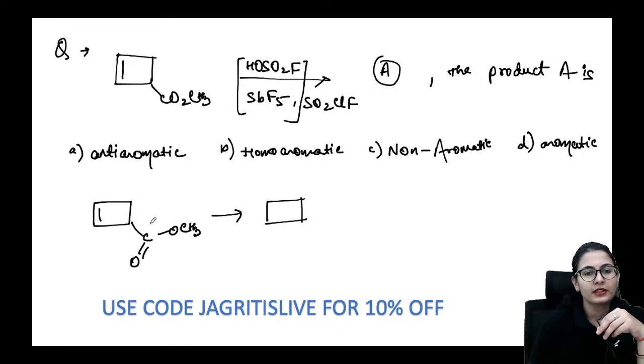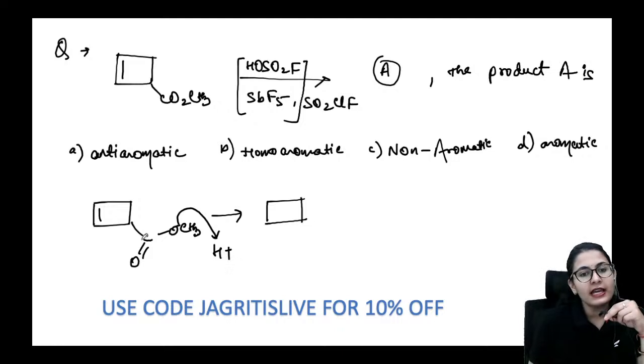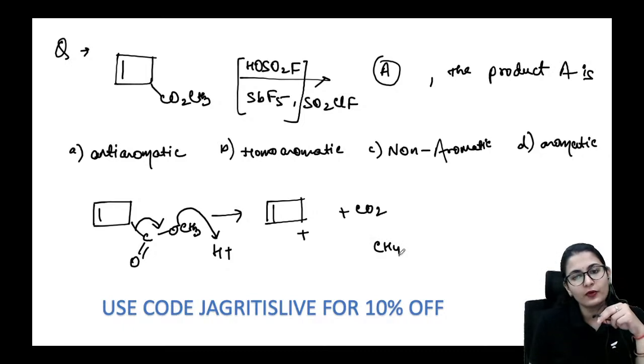hydrolyze this whole system and it is going to, ये देखो, अगर मैं बोलूँ कि मेरे पास H plus है, because it is a super acid, it is going to provide you H plus, which is so strong that I can directly protonate this methyl group. Methyl protonation करवा सकते हैं, and I am removing the electron density from this system. So there is a double bond, there is a positive charge, there is CO2 and there is CH4, like this.